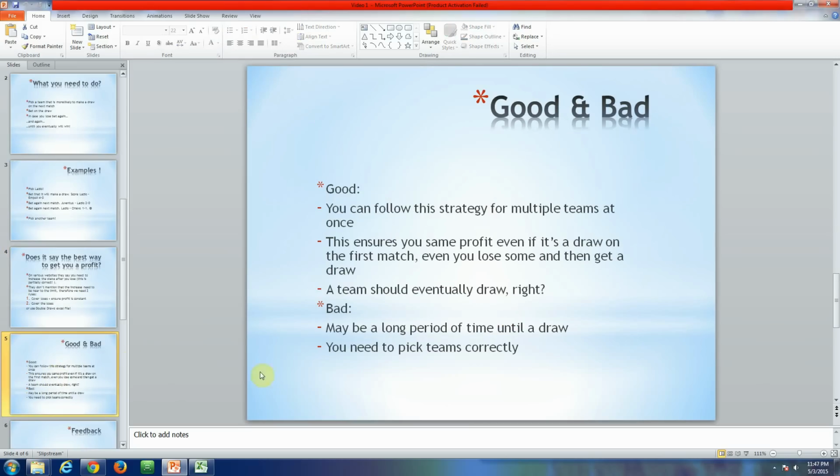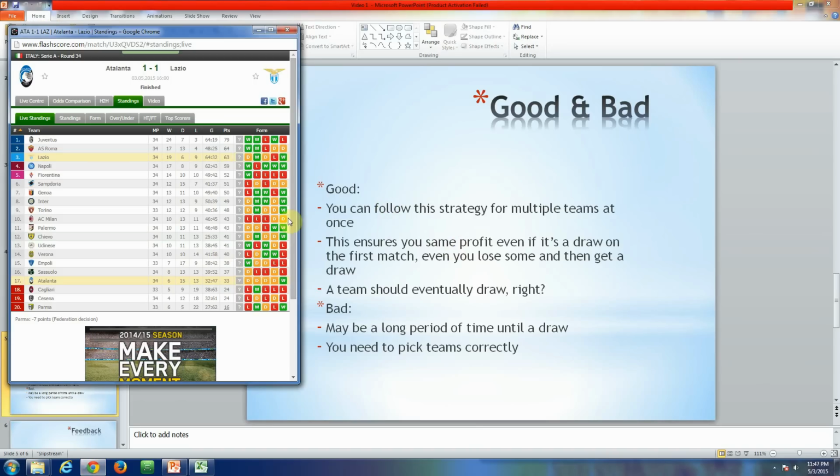Going to the good and bads. The good is that you can follow this strategy for multiple teams. You can see that you can use this file for every of these teams, starting with the 6th one until the 15th place. So you can put a file for every of these teams.